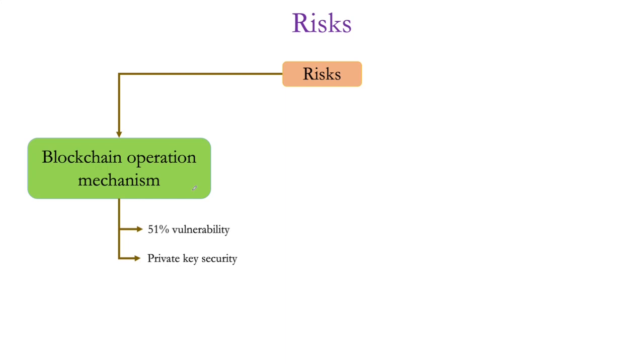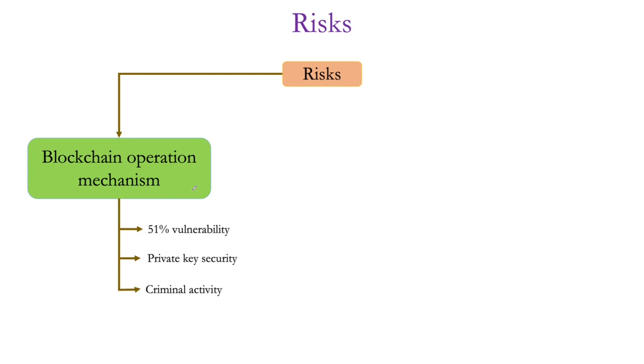If the private key of any user in the network is compromised or stolen by an attacker, there will not be any recovery for that. This is because of the public key encryption scheme. This private key risk arises, and we have also seen some criminal activities based on cryptocurrency applications.